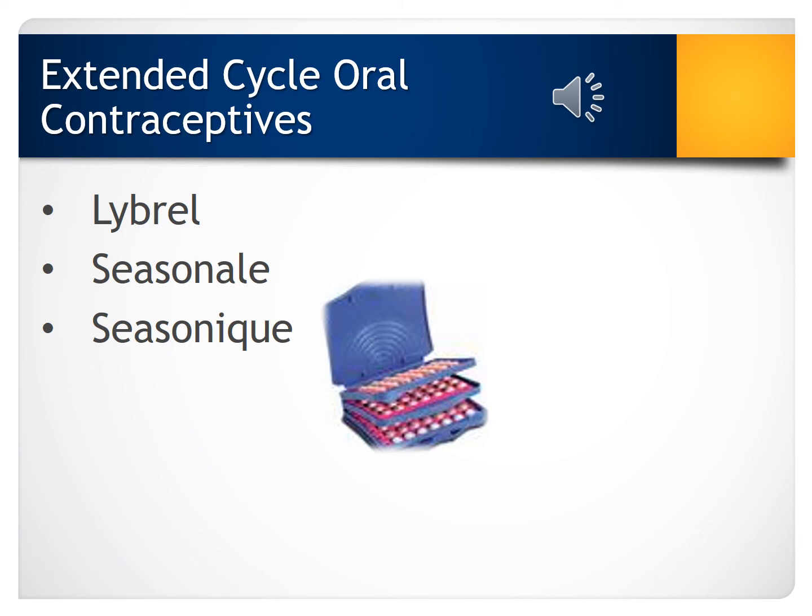Now, there is a myth or concern that a woman should have a period or should have a bleed every month. And what happens to that lining if you're constantly taking an active pill for 12 weeks? Well, it's not medically necessary for a woman to shed every month.